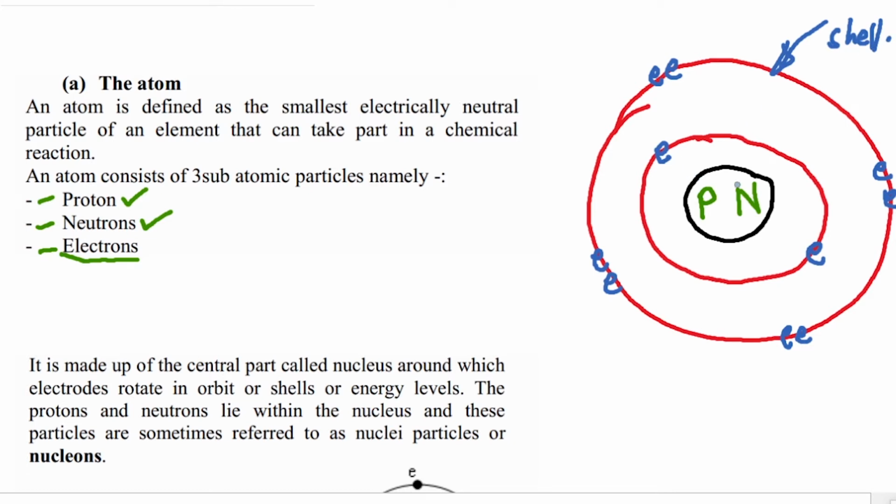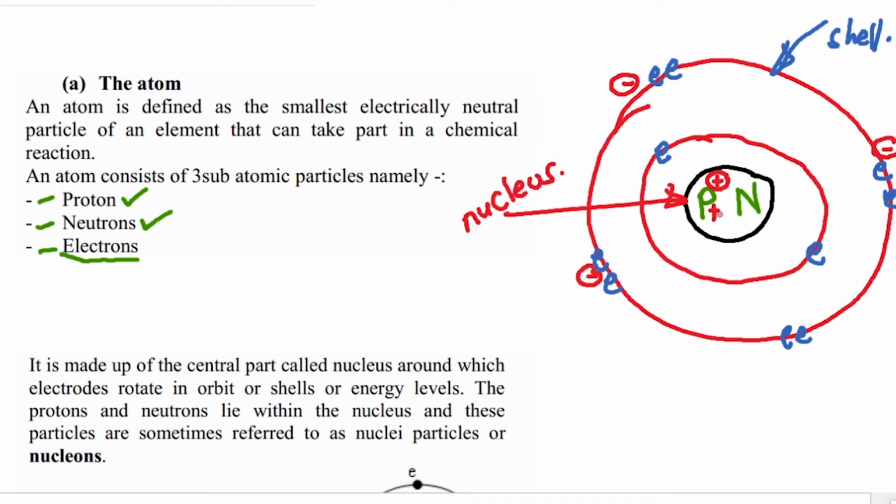So the proton you see right here is positively charged, and these electrons are negatively charged. In other words, the negative charges are the ones that keep running around the shell, and the positive charges are always in the nucleus, and this is what we call the nucleus, right?